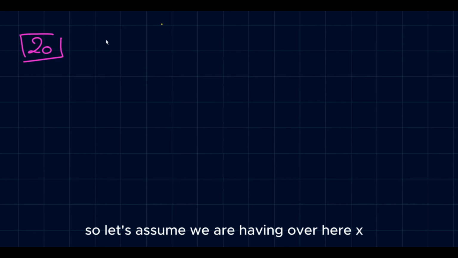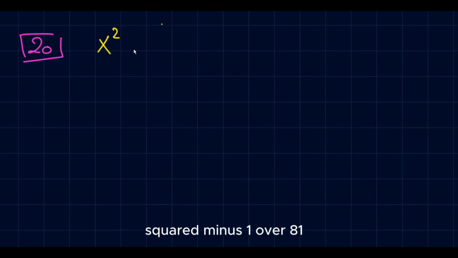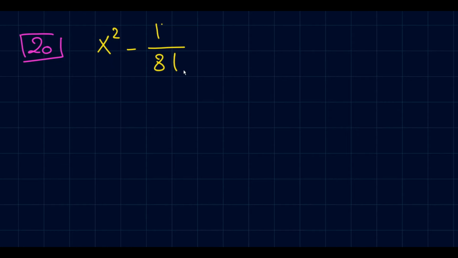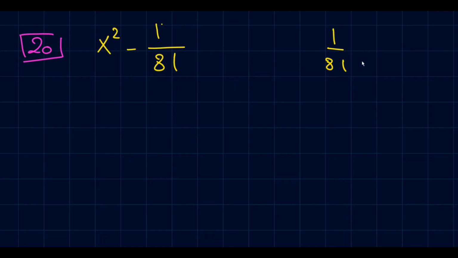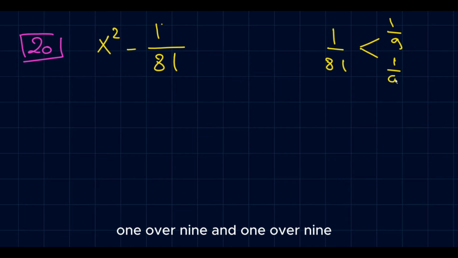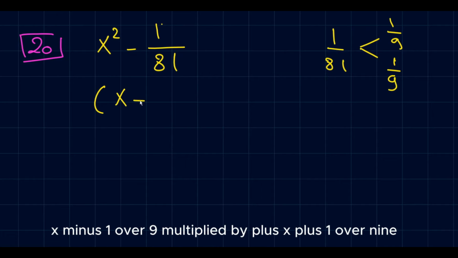So let's assume we are having x squared minus 1 over 81. A little hint, it's a little bit easy. So 1 over 81, what are the factors for it? 1 over 9 and 1 over 9. So we are gonna have x minus 1 over 9 multiplied by x plus 1 over 9.